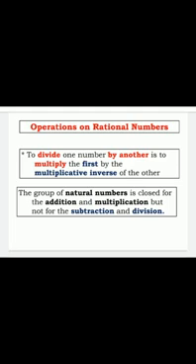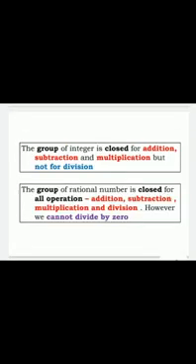The next point is the group of natural numbers is closed for addition and multiplication but not for subtraction and division. The next point that you have to remember for operations on rational numbers is the group of integers is closed for addition, subtraction and multiplication but not for division.